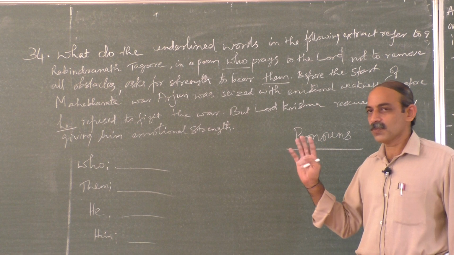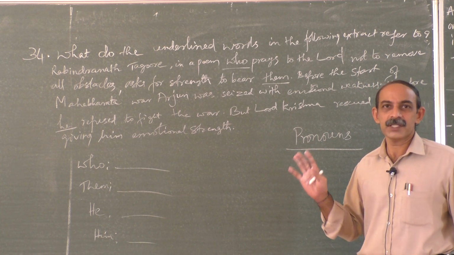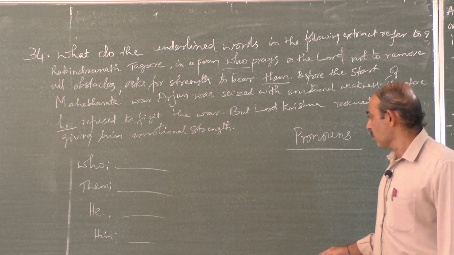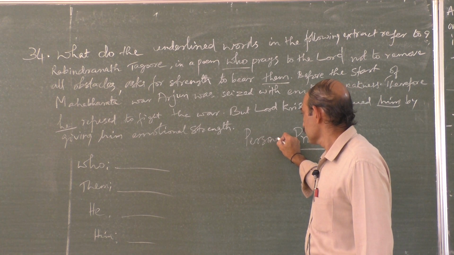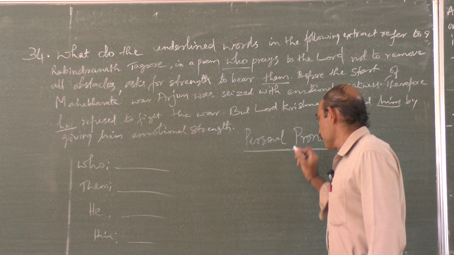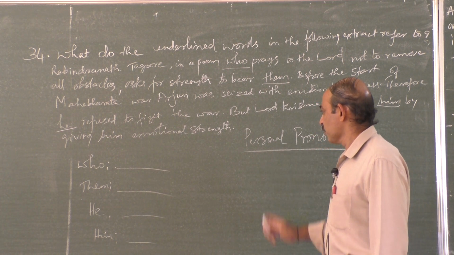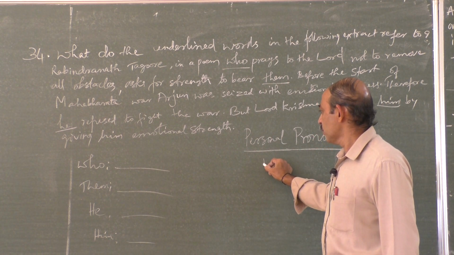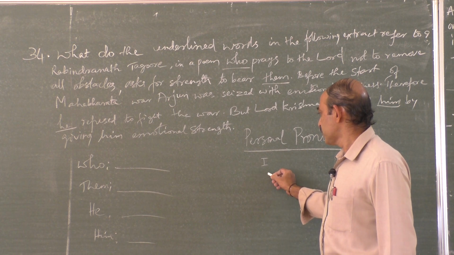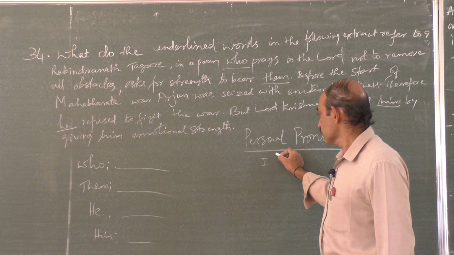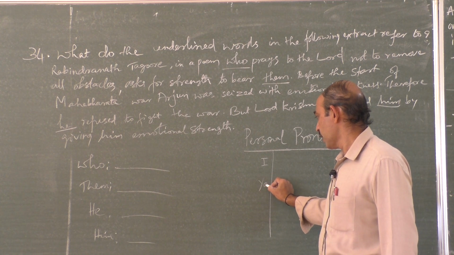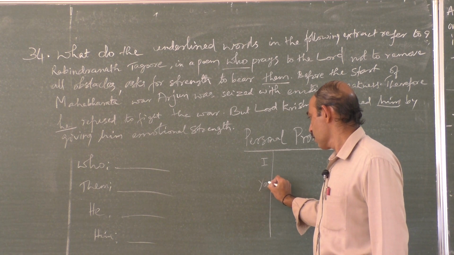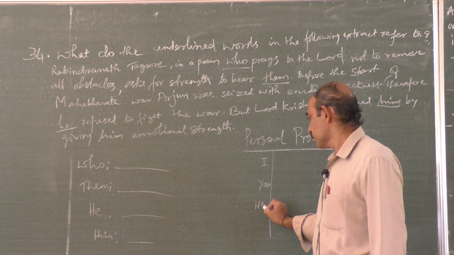And first, pronouns, in the sense, what immediately comes to our mind is all the personal pronouns. In the case of personal pronouns, we have the first person subjective case pronoun I, and then you, and then he, she, it.